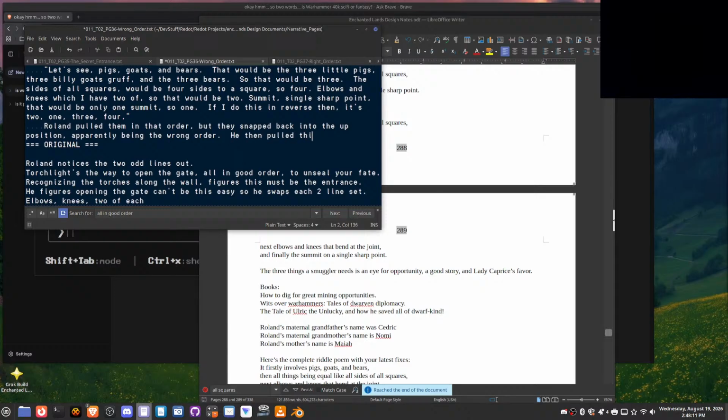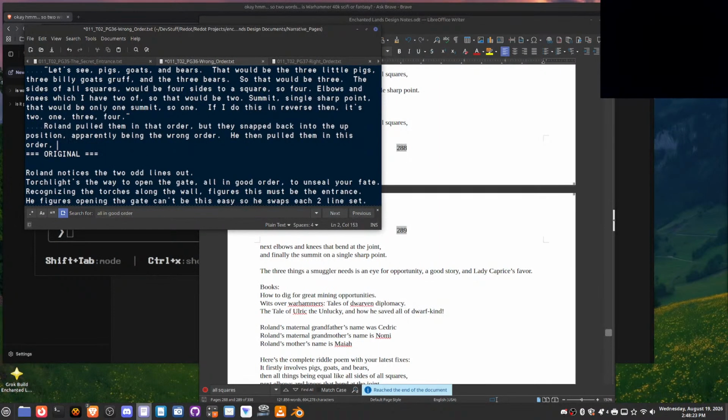He then pulled them in this order. Then pull them in this order: 3, 4, 2, 1.